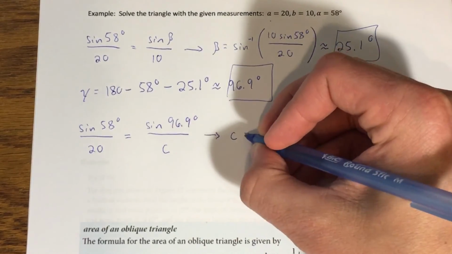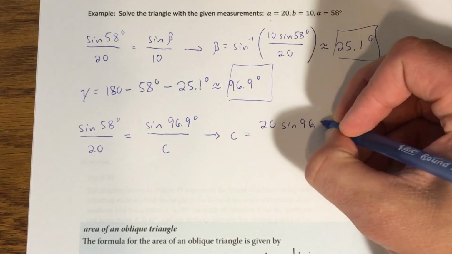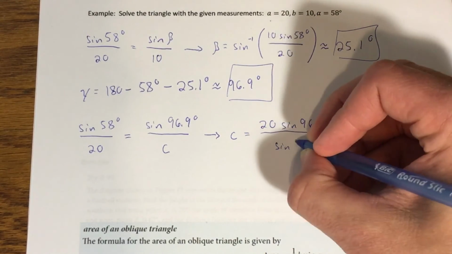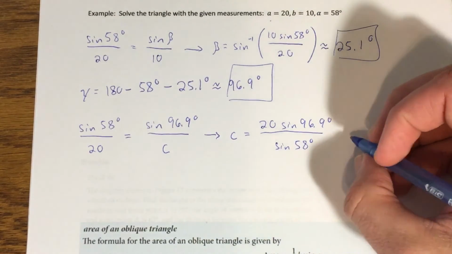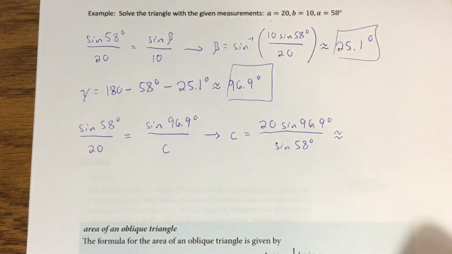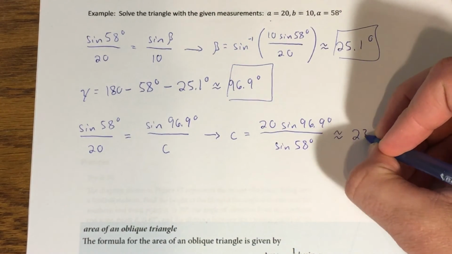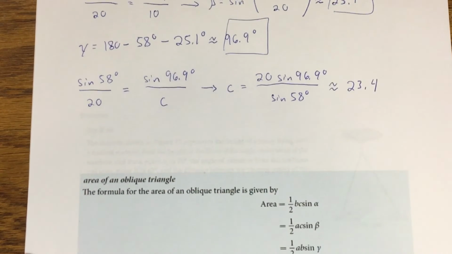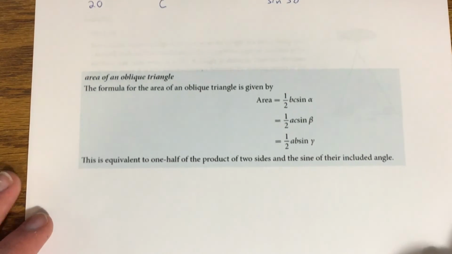Cross multiplying, c will equal 20 sine of 96.9 degrees over sine of 58 degrees. And that's going to come out to approximately 23.4. Okay. So that's a few examples of solving oblique triangles using the law of sines.